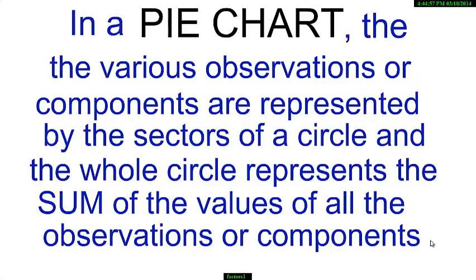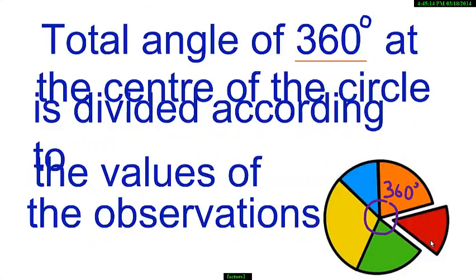In a pie chart, the various observations or components are represented by the sectors of a circle, and the whole circle represents the sum of the values of all the observations or components. The total angle of 360 degrees at the center of the circle is divided according to the values of the observation.